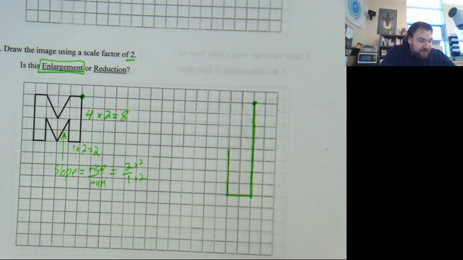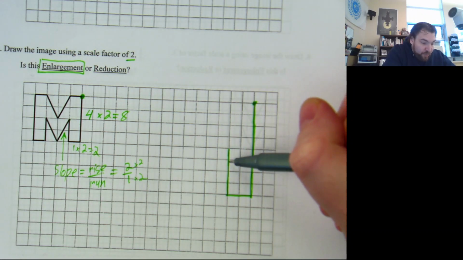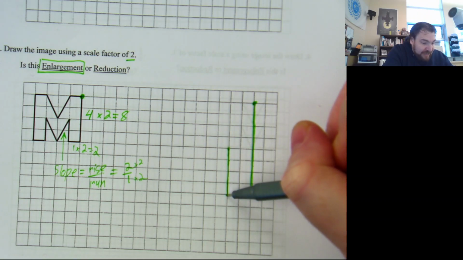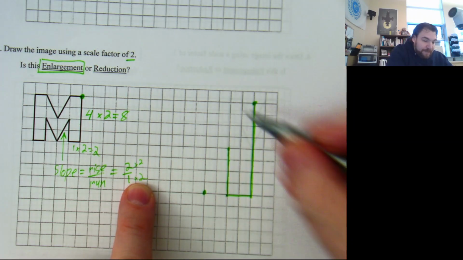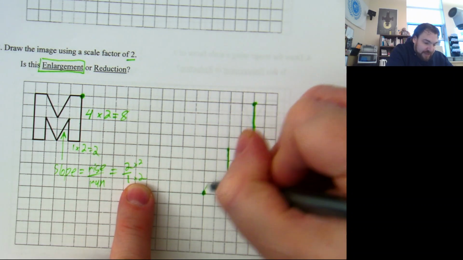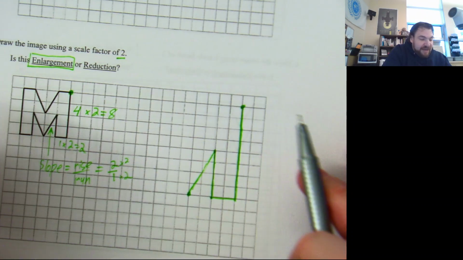And so what that's going to do is give us a rise of 4. So this thing's going to go back down 1, 2, 3, 4 from this point. And it's going to run 2. So we're going to go down 4 and we're going to go over 2. So that is the new diagonal.